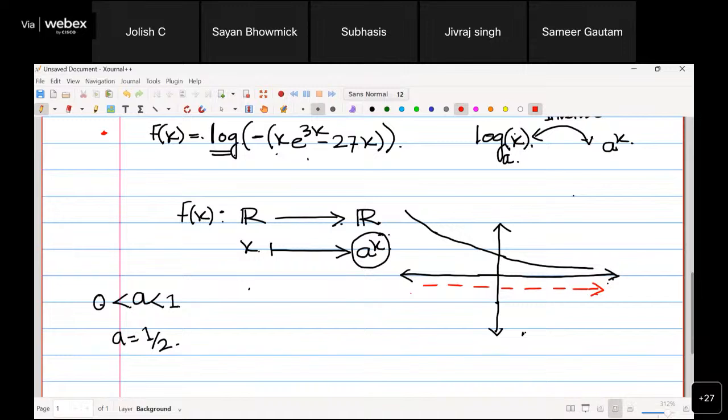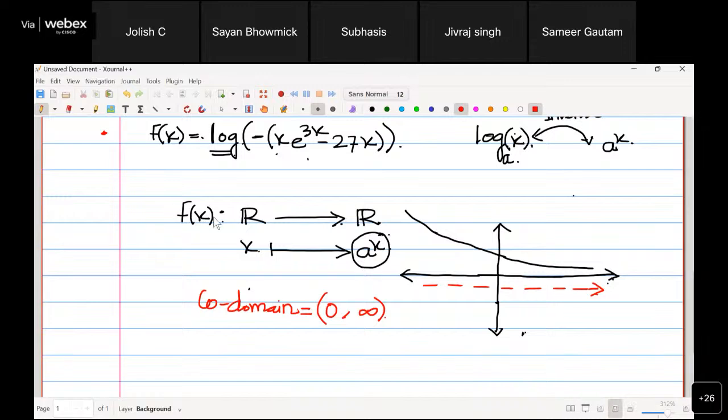And from the graph, if you see the codomain of this function, it is basically 0 to infinity, right? The codomain of this function is 0 to infinity.